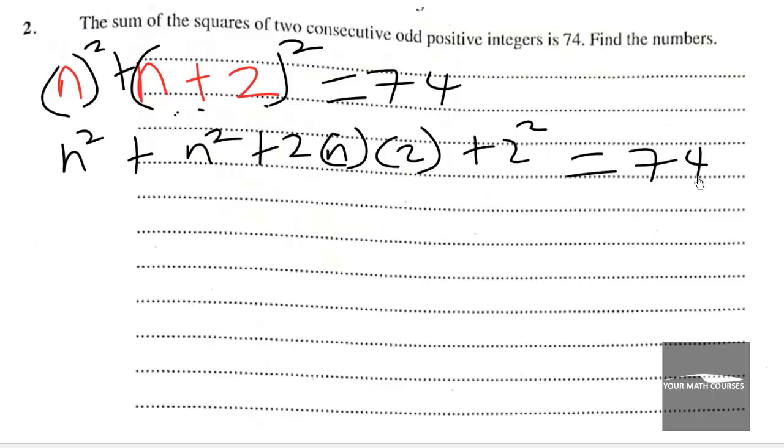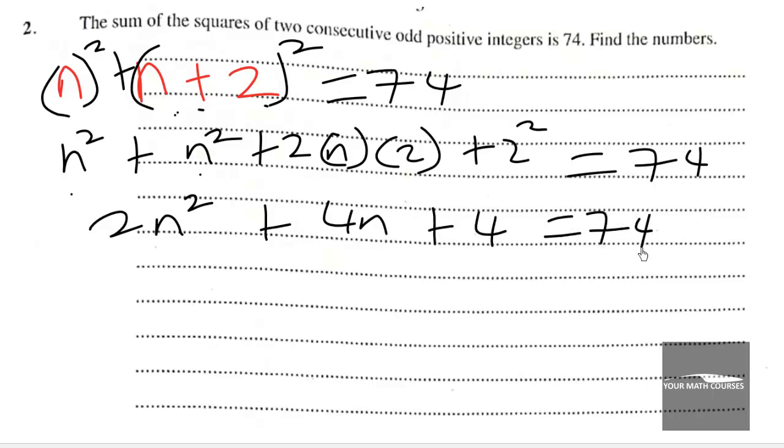That's how it's supposed to be. So we are getting n squared plus n squared, 2n squared plus 4n plus 4 is equal to 74.